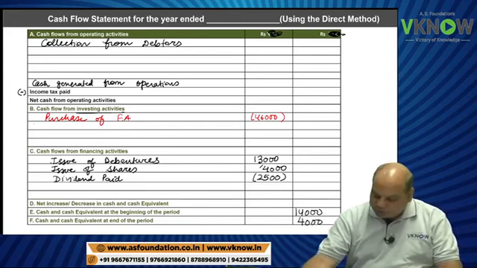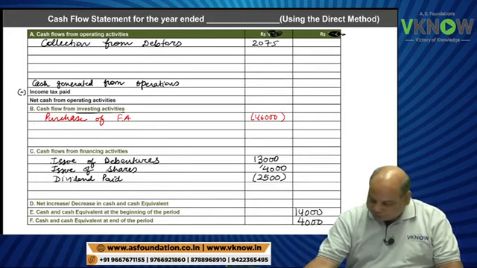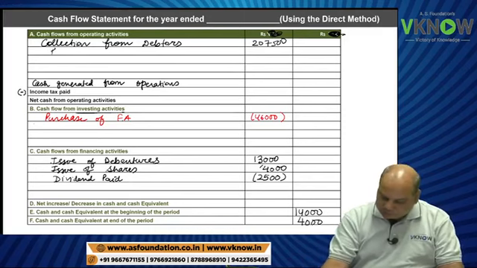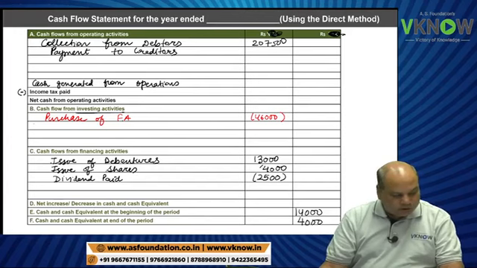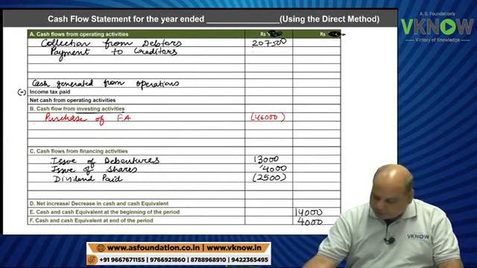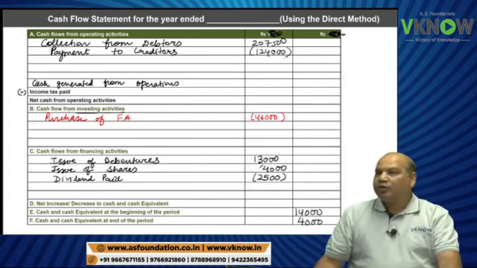Collection from debtor 2,07,500. Next was payment to creditors. Payment to creditor was 1,24,000. Very good.